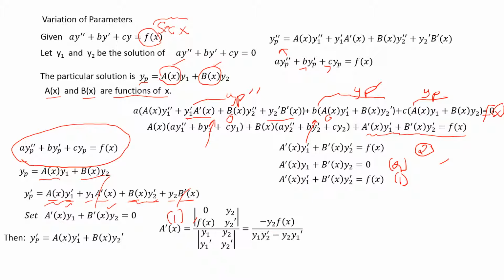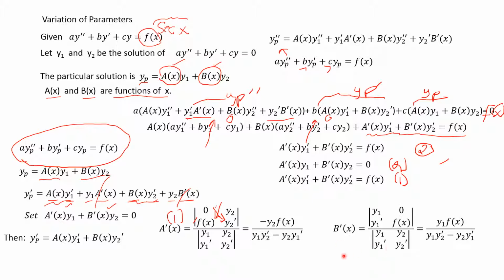Then evaluate the determinant. This is just 0 minus y2 f of x, over y1 y2 prime minus y2 y1 prime. This is our a prime of x. Now if you know a prime of x, then you can integrate it to get a.